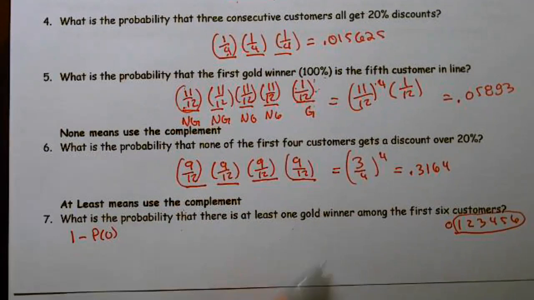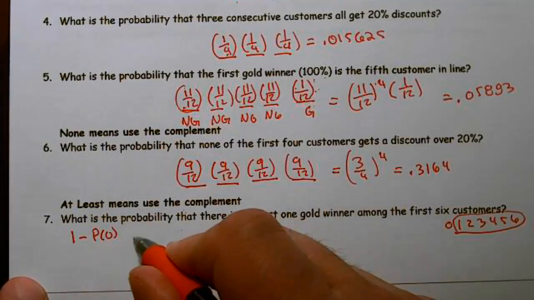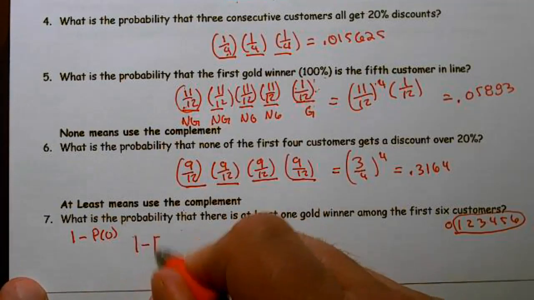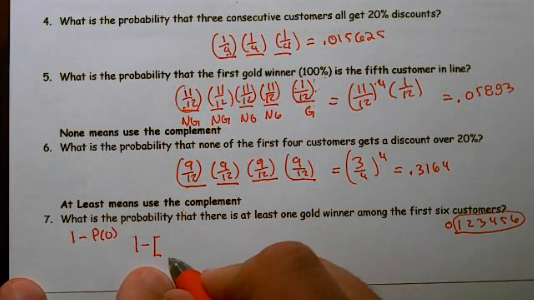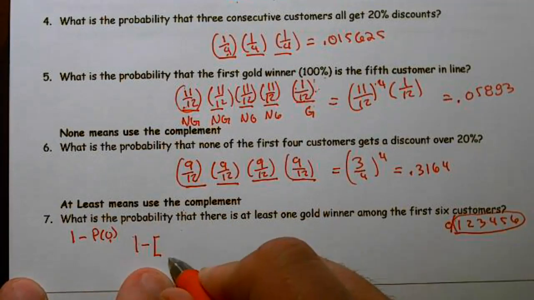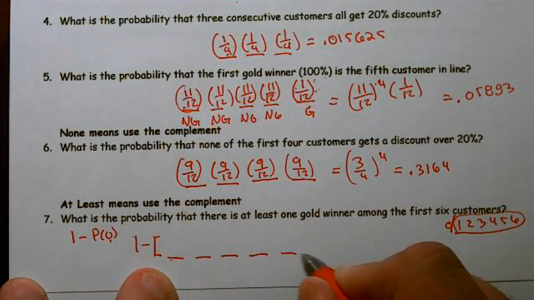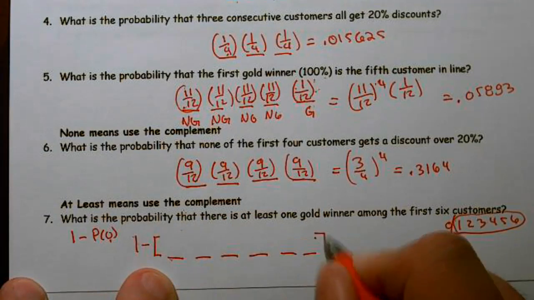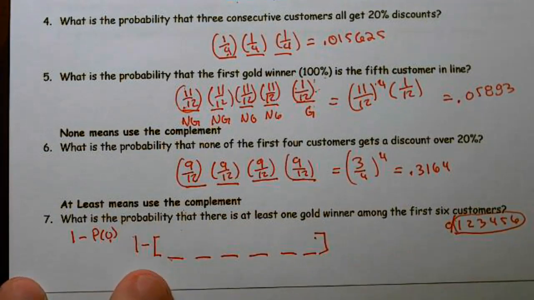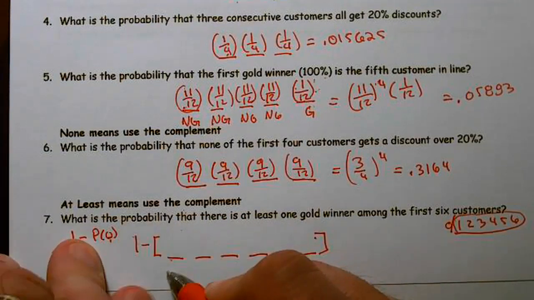Okay, so anyway, what's the probability that there is at least one gold winner among the first 6? So that's 1 minus, and we said we're going to do the probability of 0. So 1, 2, 3, 4, 5, 6. Now, the probability of 0 is basically everyone not getting a gold, so not gold.